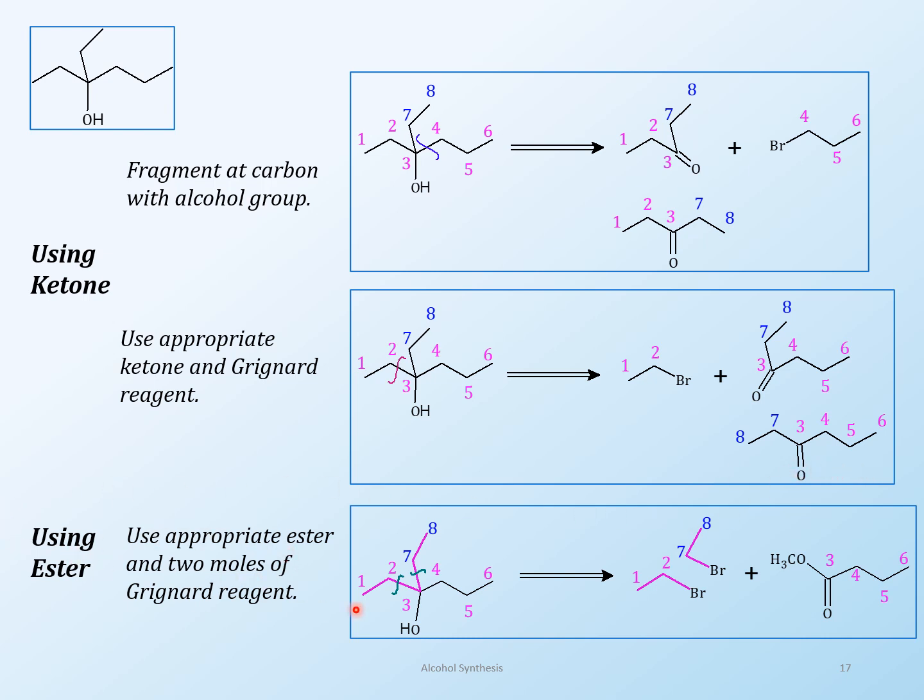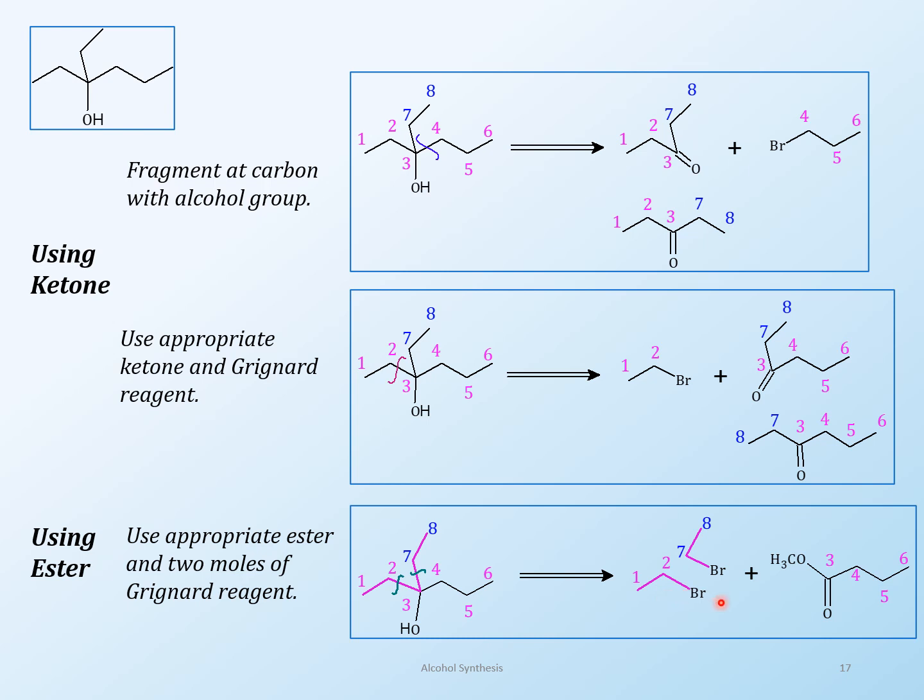If you were to use an ester for this one, then for the ester, these two fragments need to come off, the ones that are the same. So the 1, 2 carbon and 7, 8 carbon need to come off, which means that carbon number 3 is where you're going to have the ester. Now I wrote 2 halides here, but really it's the same halide.